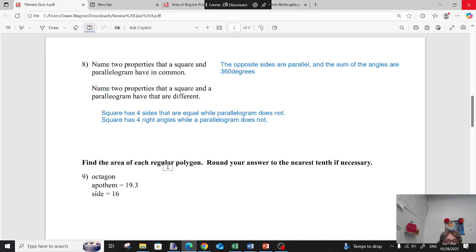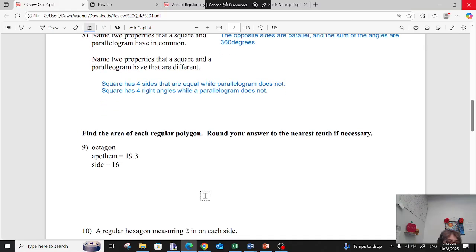Okay, find the area of each regular polygon. Round the answer to the nearest tenth if necessary. What is the formula for the area of a regular polygon? It's 1/2 AP. What does A stand for?